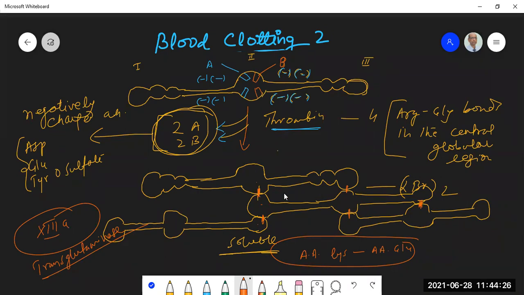Into these clots, into this mesh, blood cells and debris will get clogged, forming an effective cap at the site of the wound, so that blood will stop oozing out. All of us must have seen this kind of phenomenon taking place at home also.